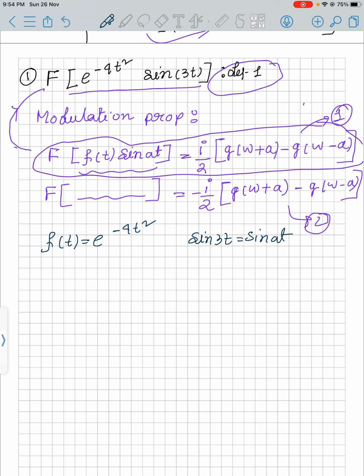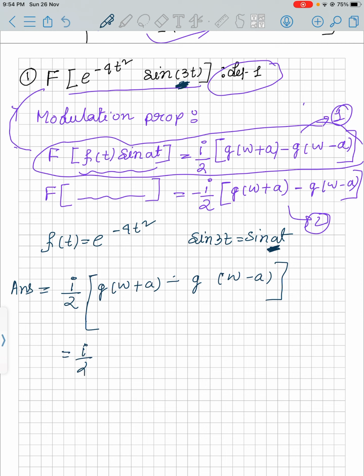So we'll write this answer equals i by 2. I'm using shortcuts, okay. I'll just write the formula, minus in between these two. Here a is what? A is 3. You can see here is a, here is 3.